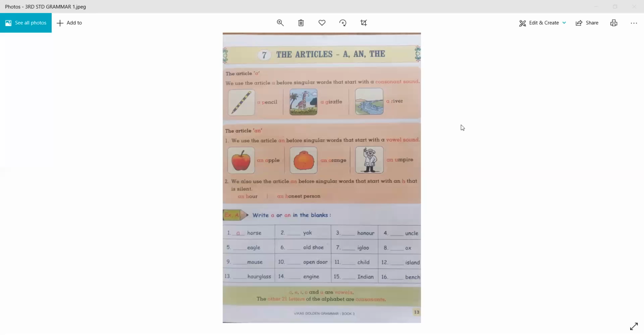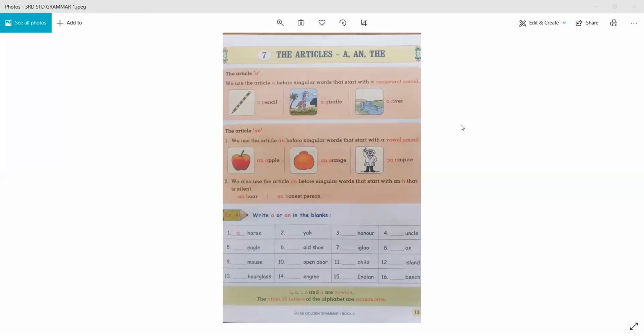Okay, because they are singular, and these are the words which start with a consonant sound. Before such a word we have to use the article a.